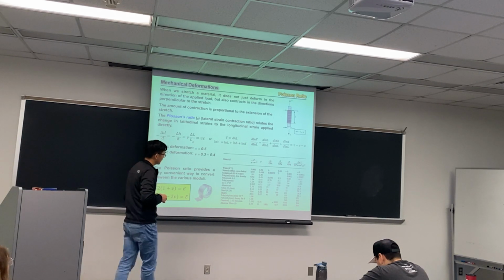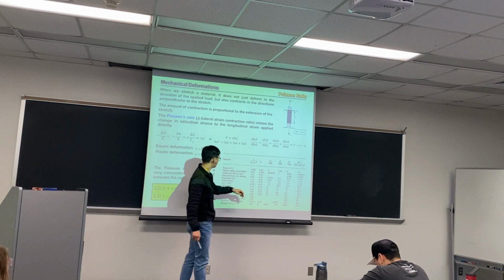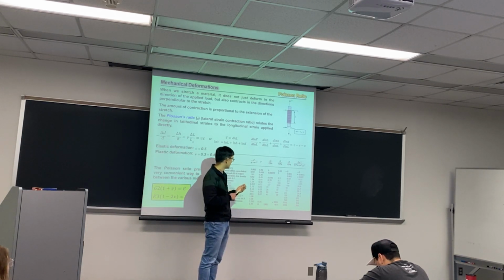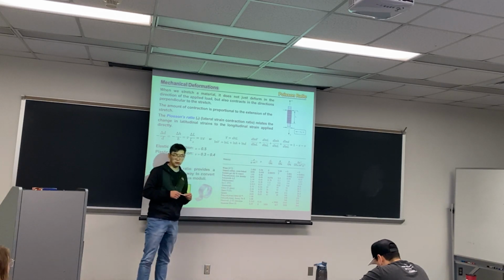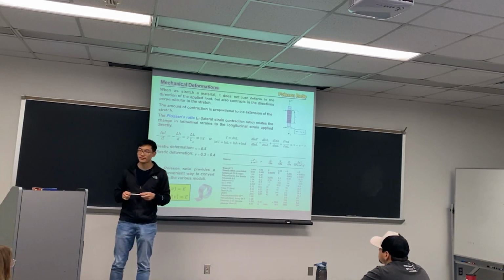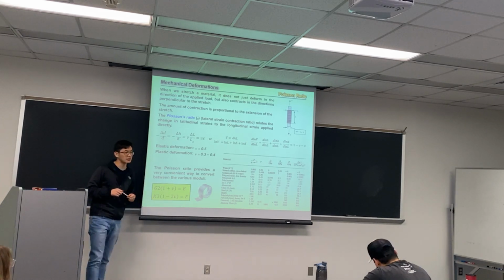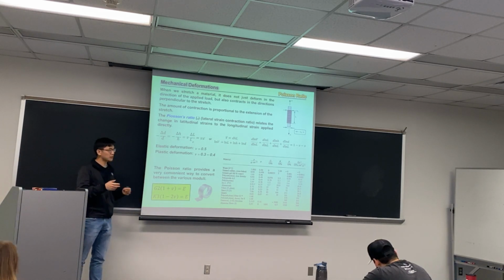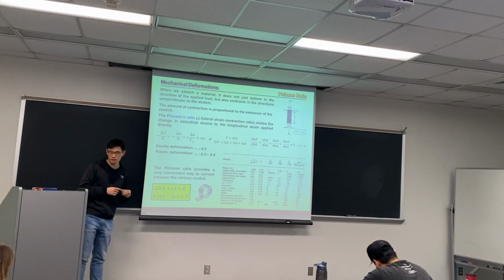For elastomer, that's what I want to point out: the Poisson ratio is 0.5. That is a number that means the material is not compressible. In other words, if you compress in one direction, it changes the other direction, so you always have constant volume.